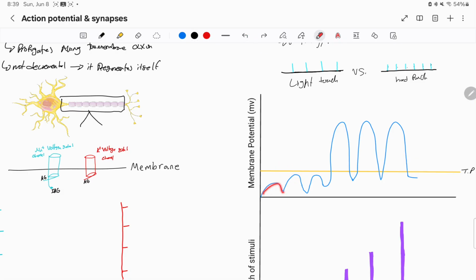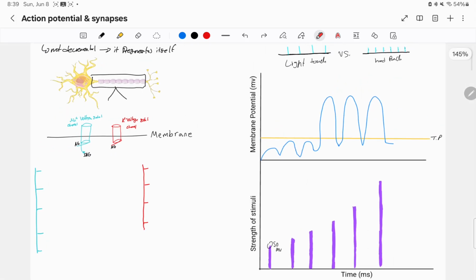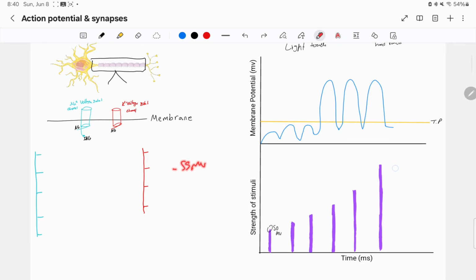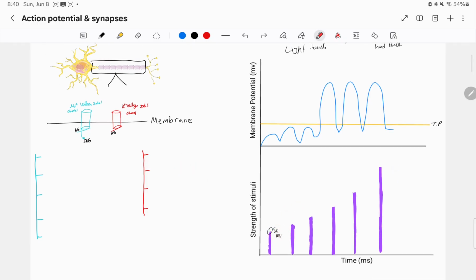But remember, I'm trying to test to see if I can generate an action potential. So this is my threshold potential, that negative 55 millivolts that I have to hit. Again, these are just random numbers. I apply 50 millivolts into this cell, and we get something like this.